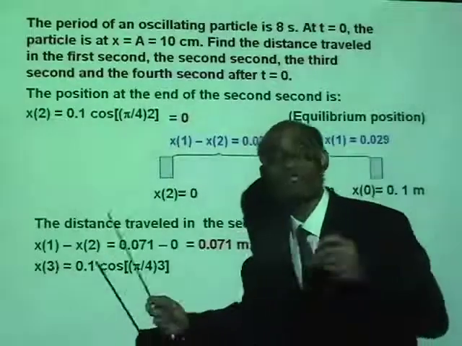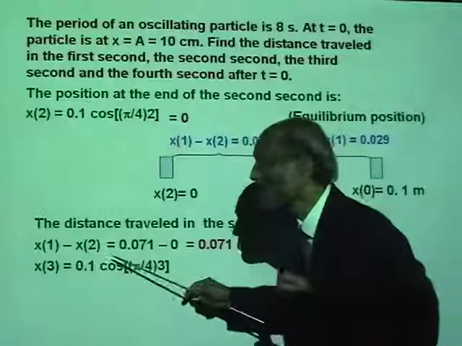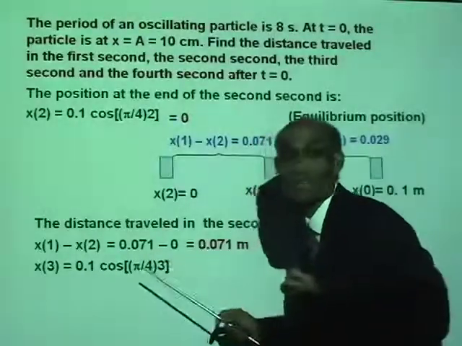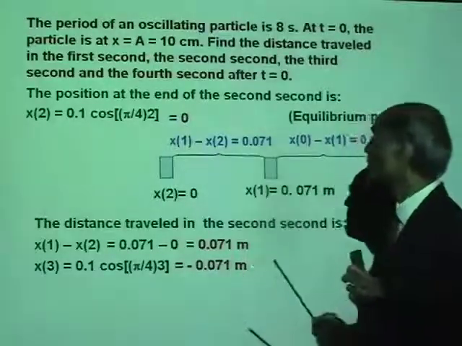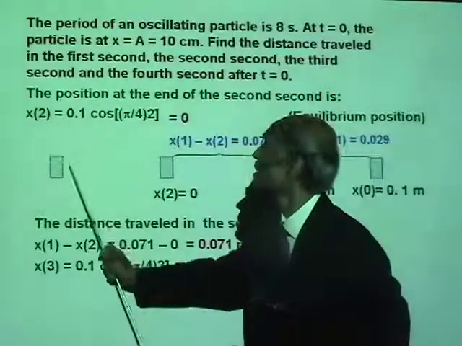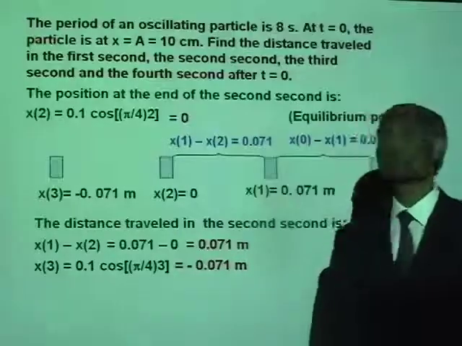X of 3 gives you the position at the end of the third second. It will be 0.1 cos pi by 4 t, t is 3. And that gives me negative 0.071. So at the end of the third second, the object is here at negative 0.071.